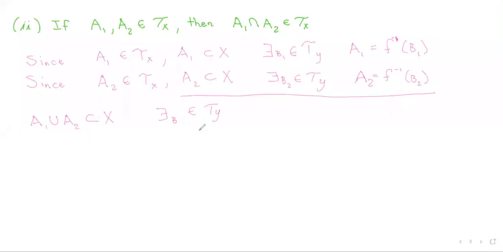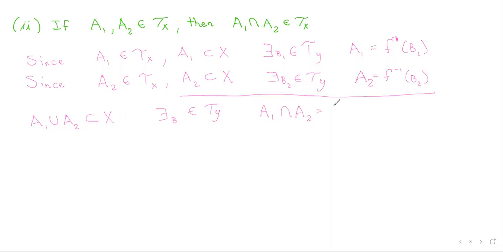So we want to show that there's a B in tau Y such that the intersection of what we have up here is an open set as well. Okay, I thought I had to go back all the way. So we did that.